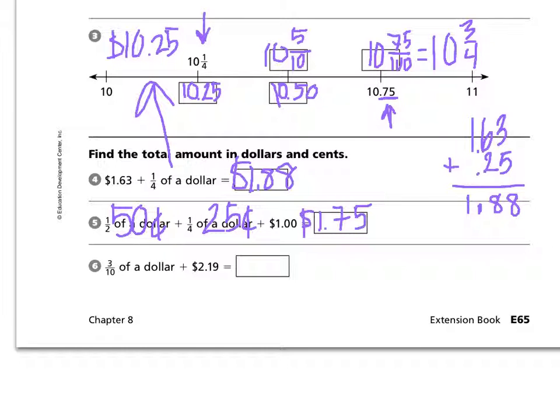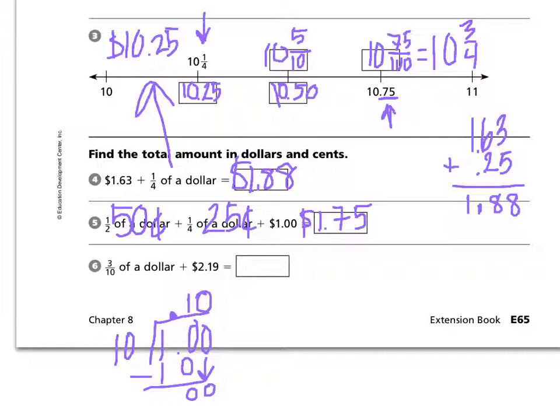3/10 of a dollar plus $2.19. Well, I know that 3/10 of a dollar, I can take $1 and I can divide it by 10. And I know that 1 times 10 is 10. Subtract it. Bring down the 0. 10 goes into 0 0 times.